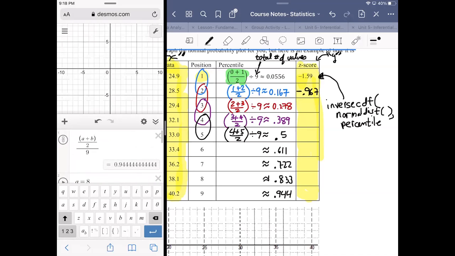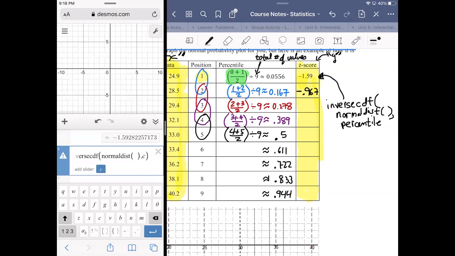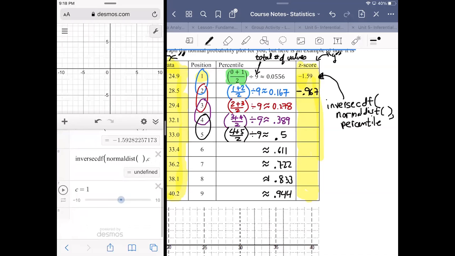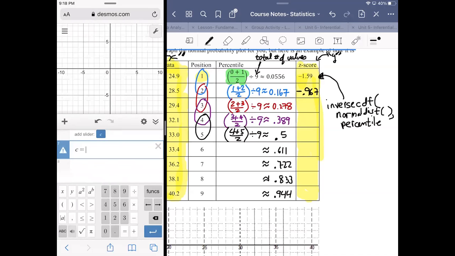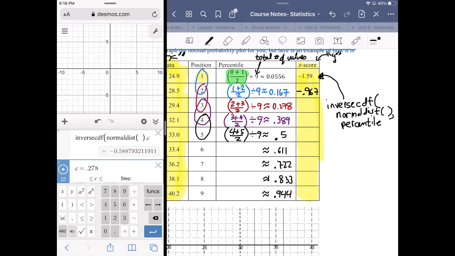We used the letters A and B. So I would need a new letter for this slider. Otherwise, it would refer back to the previous one. C is not defined as anything other than 1, so it's not meaningful. So if I put this slider in, I would change it to 0.278, and it would give me the decimal value of negative 0.589.